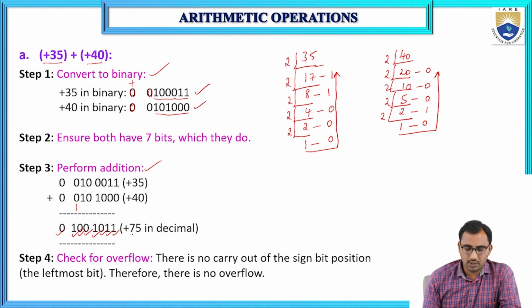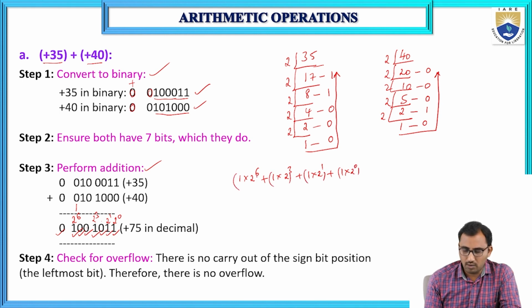If you convert into decimal, it gives the result 75, because these are 2 power 0, 2 power 1, 2 power 2, 2 power 3, 2 power 4, 5, 2 power 6. 2 power 6 means 64. So we convert: 1 into 2 power 6 plus 1 into 2 power 3 plus 1 into 2 power 1 plus 1 into 2 power 0.